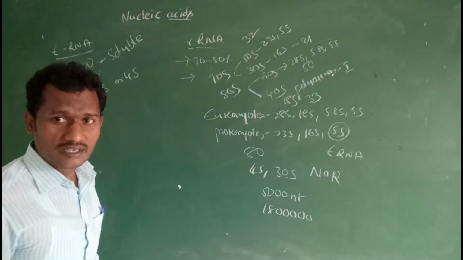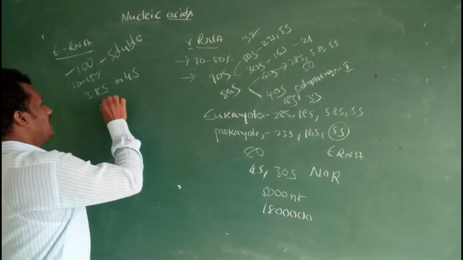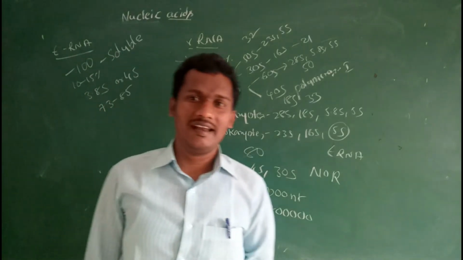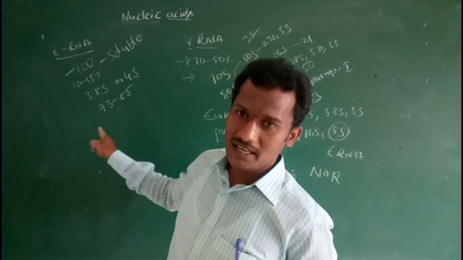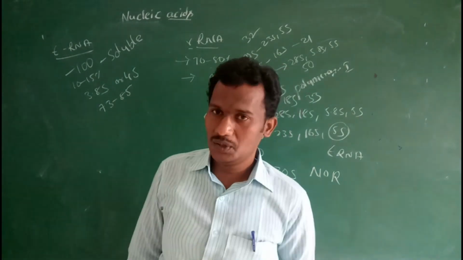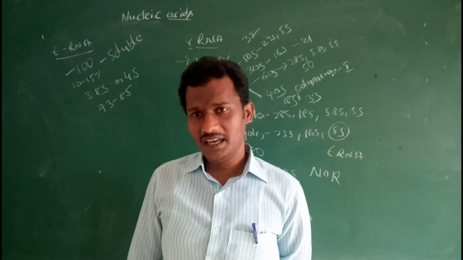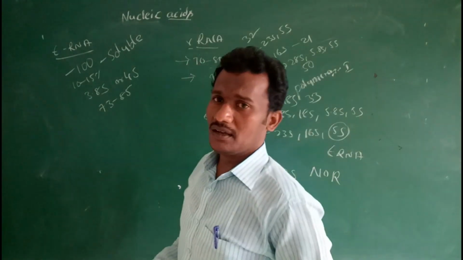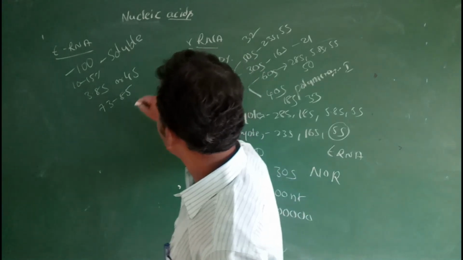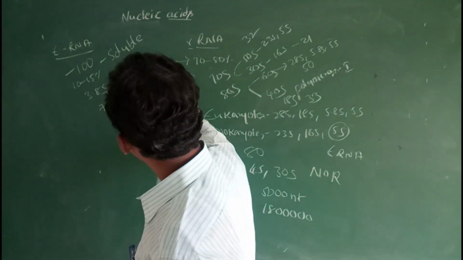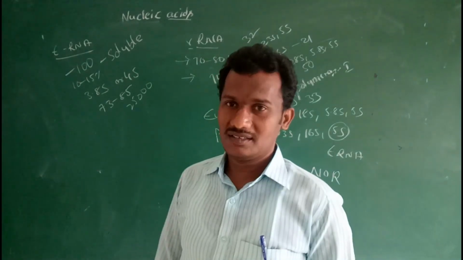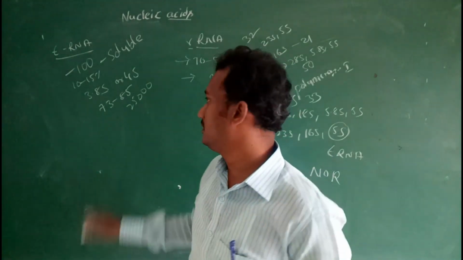Approximately 73 to 85 or 93 nucleotides are present. Then molecular weight: approximately 25,000 daltons of molecular weight is present.